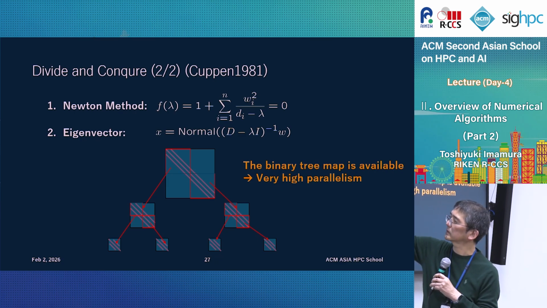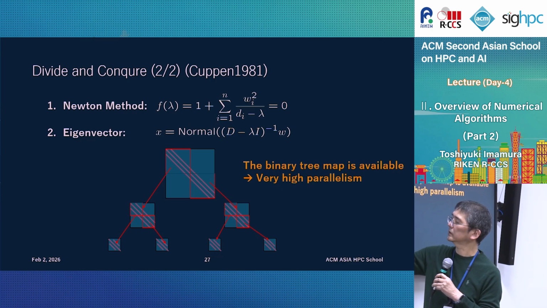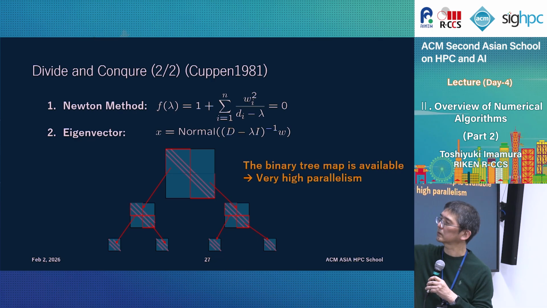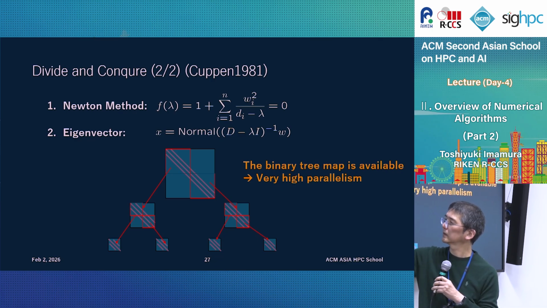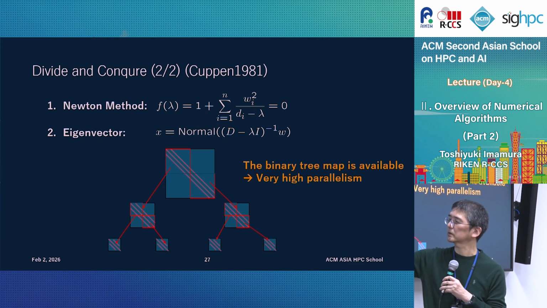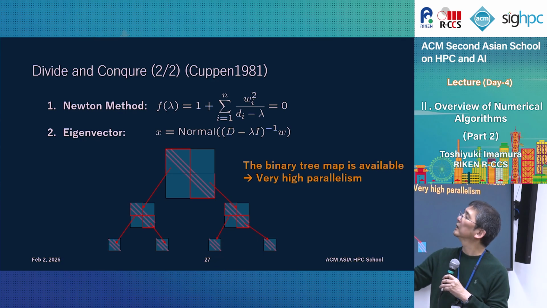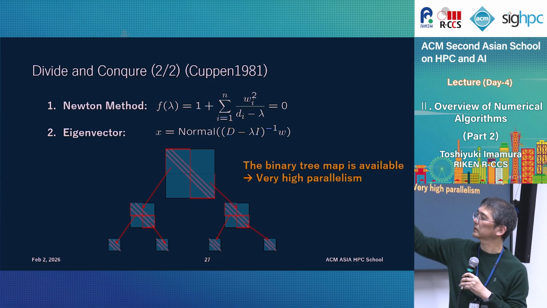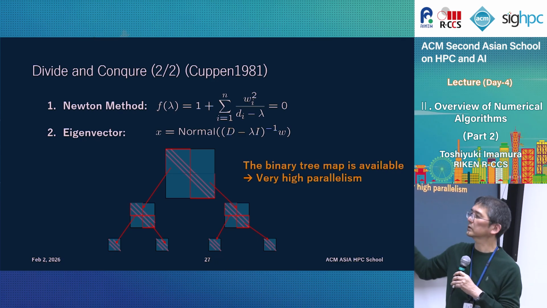It is a similar operation: it makes the matrix size half, but also doubles the number of sub-problems. So we finally have a binary tree structure.